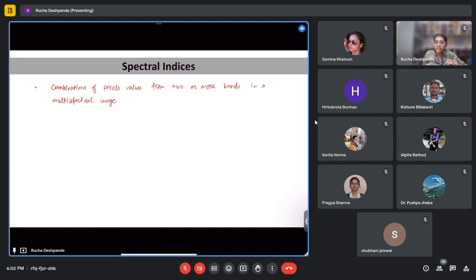These spectral indices are used to highlight the pixels which contain or lack a specific type of land cover which is of interest to the user.